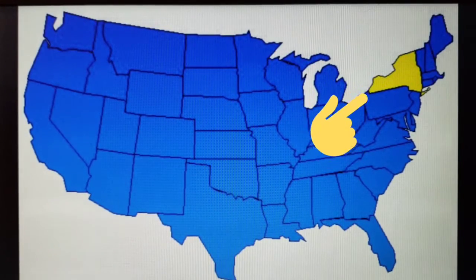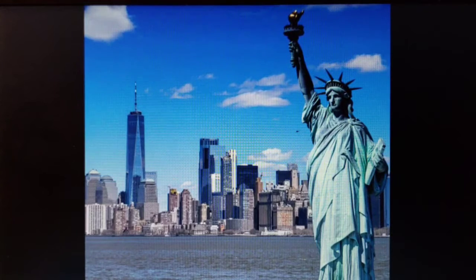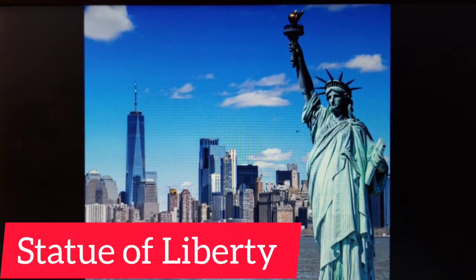New York was the first capital of the United States. Number 2, New York borders Canada, we said earlier, right? Yeah. And also, the Statue of Liberty is in New York.